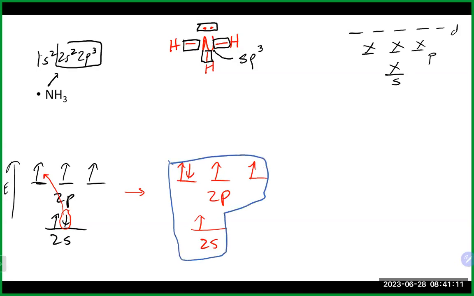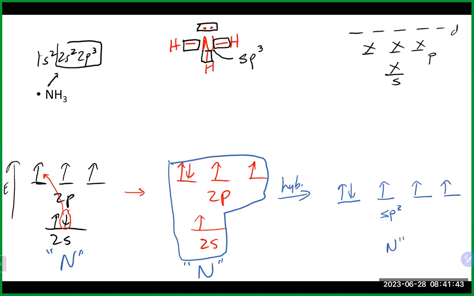We end up with 4 equivalent hybrid orbitals, a little lower in energy than some of those to begin with, but all now at the same energy. These are all sp3 hybrid orbitals, and this is our nitrogen. Any questions so far?